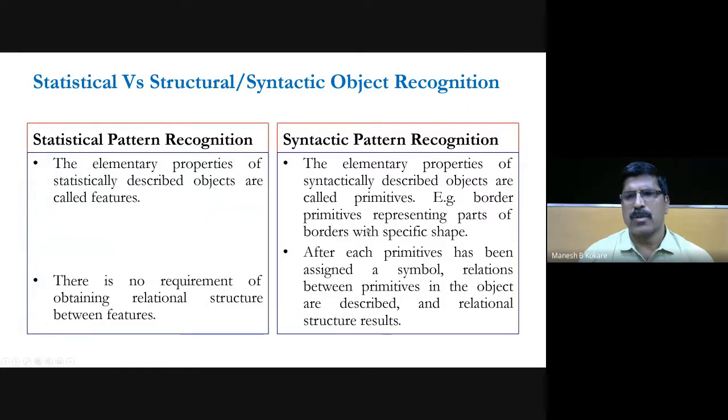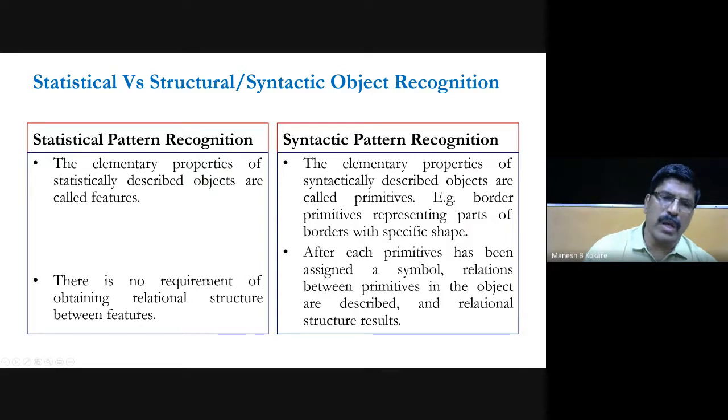Like for example, if I have a shape like this, a greater than symbol is there, and then a horizontal line is there, and again this kind of symbol is there. So this symbol is considered as one primitive, and then the horizontal line is another primitive, and then this symbol we can consider as a third primitive, right? So there will be three primitives for representing that symbol, or that object, or that skeleton of the object and so on.